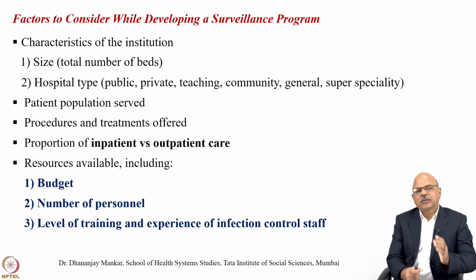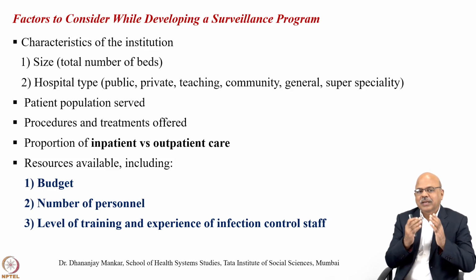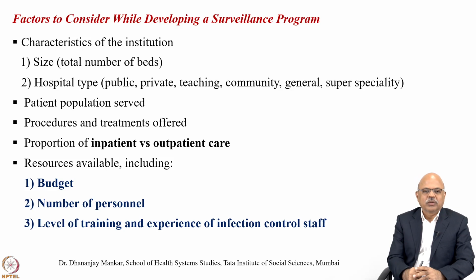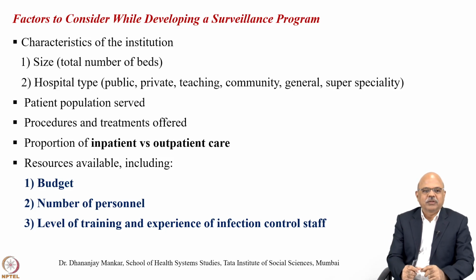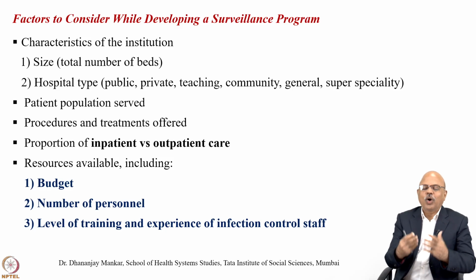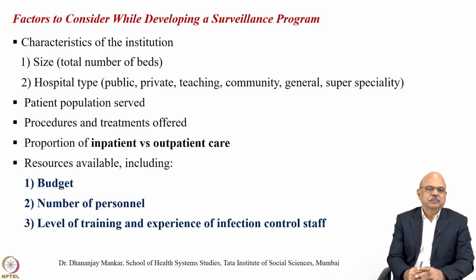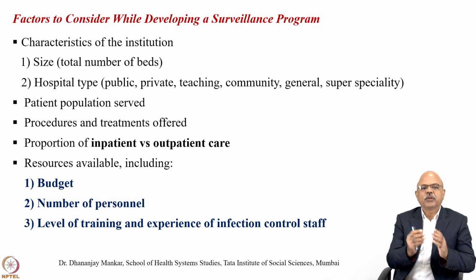So, what are the factors to consider while developing a surveillance program? We can say the characteristics of the institution, the organization, which has a volume, like the total number of beds, and the hospital type, whether it is public, private, teaching, community based, general or super specialty. The patient population served, and in what volume.